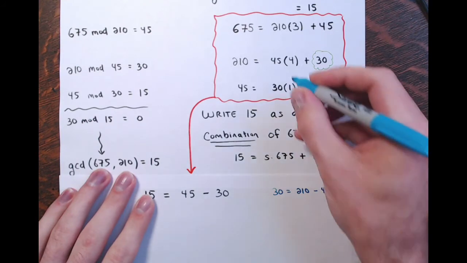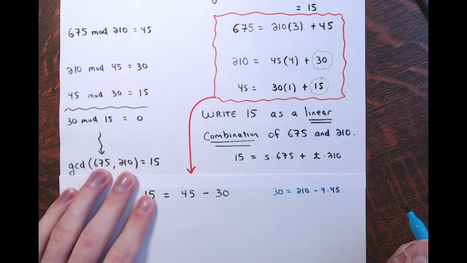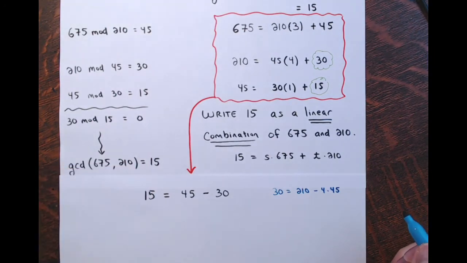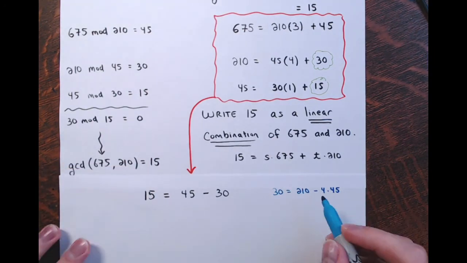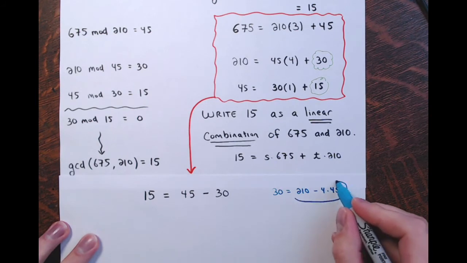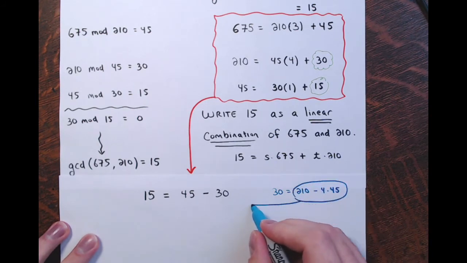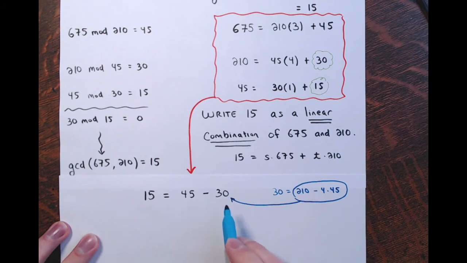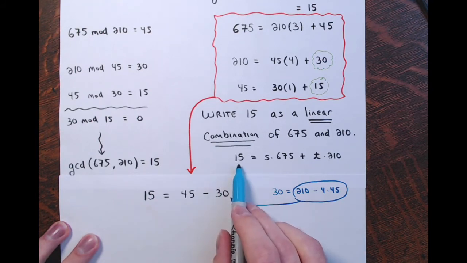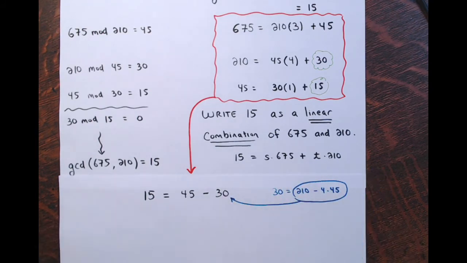And I'm going to leave it the way it is, with 45 times 4 like that. And then we're going to substitute this for 30 in this equation where I have 15 equals. I want at the end to have 15 be equal to some linear combination of 675 and 210.